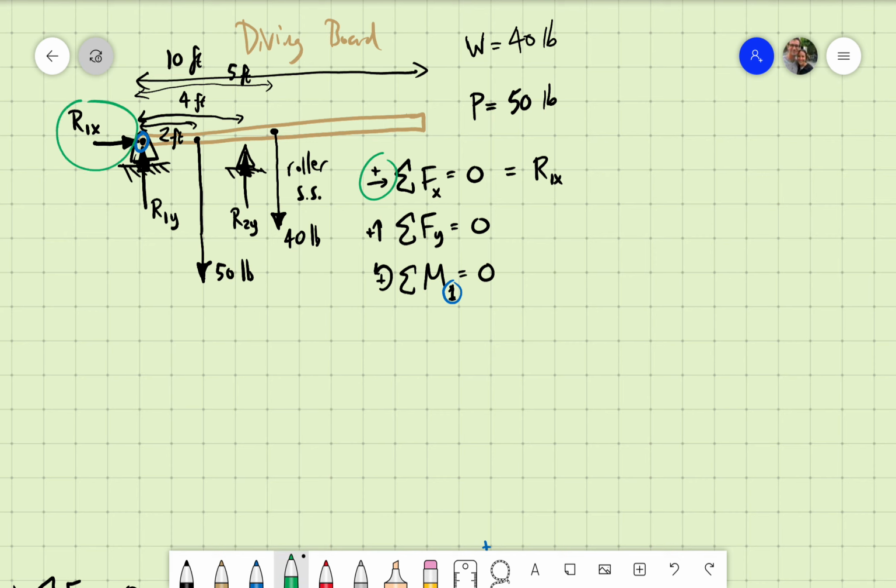Okay, so we list that. Vertically speaking, we have R1y pointing in the positive direction.